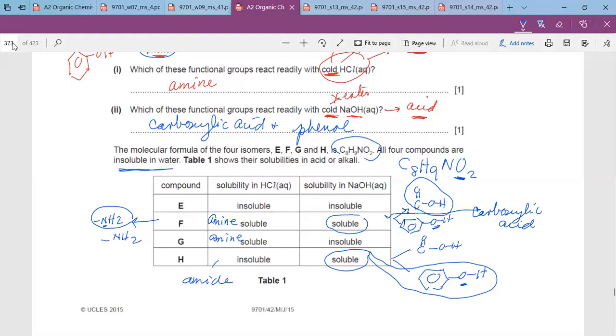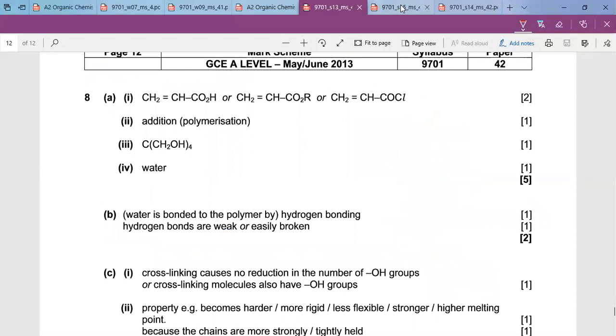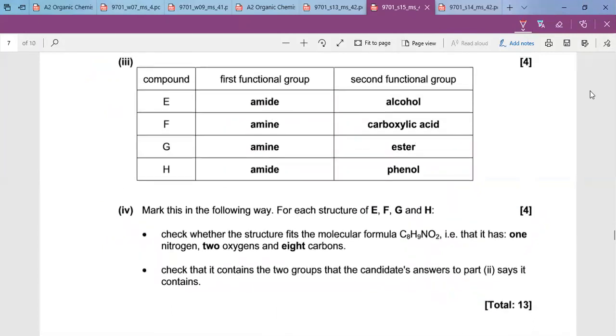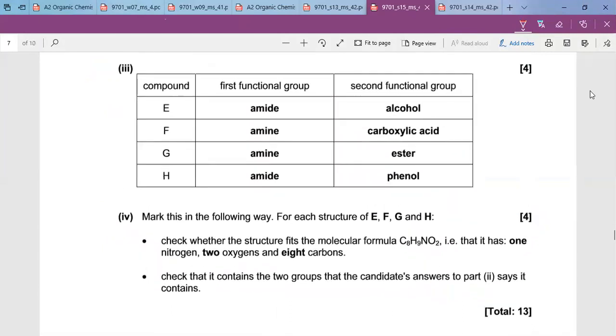In HCl it is insoluble, so it's amine. See now? Now look at the marking scheme. I think it is this one. No. Yes. Okay, see why the first functional group is either amine or amine?